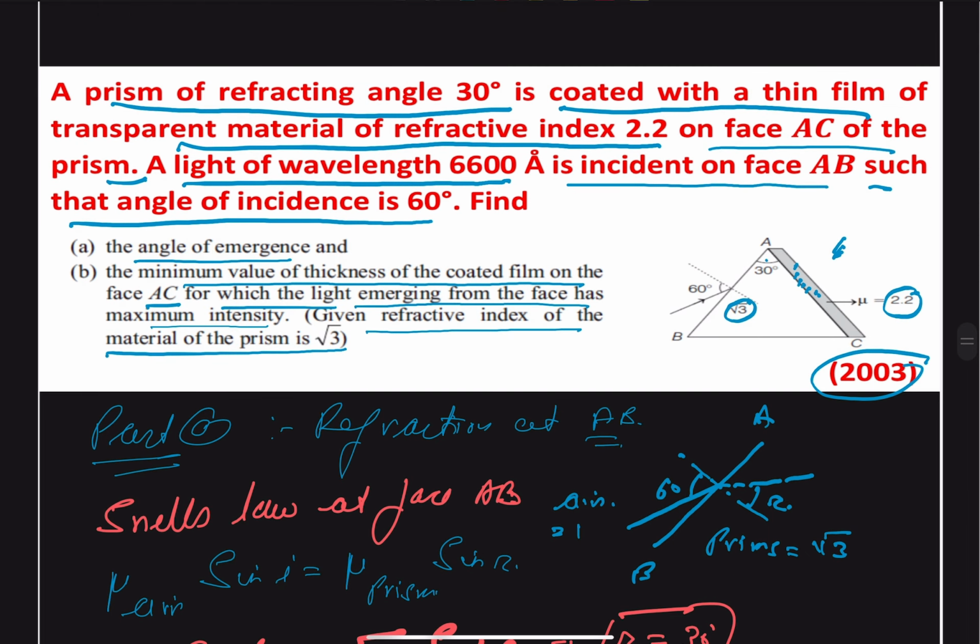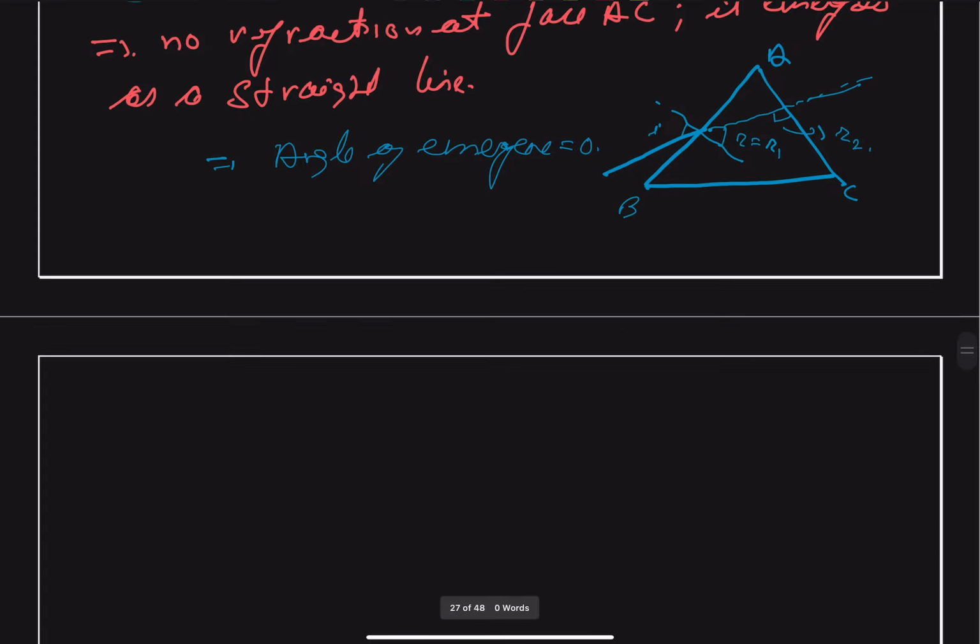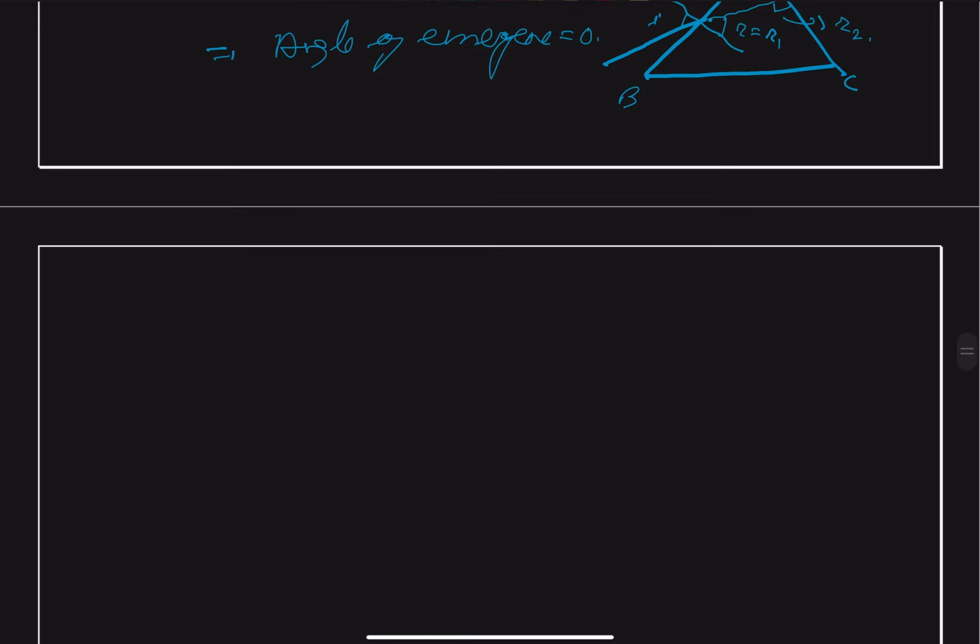So this was part first, and we have to find out the minimum thickness of the coated film on the face AC for which the light emerging from the face has a maximum intensity. Let's draw a ray according to the surface. So we have two surfaces.